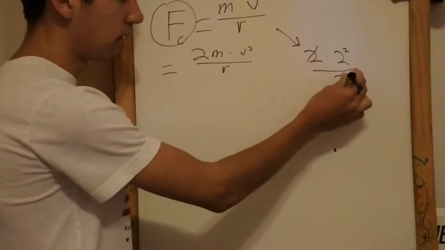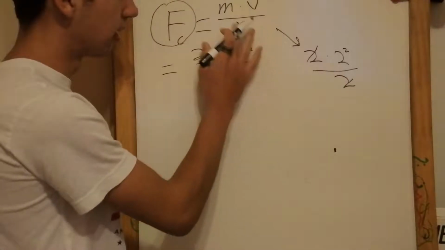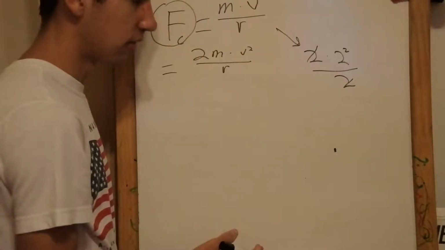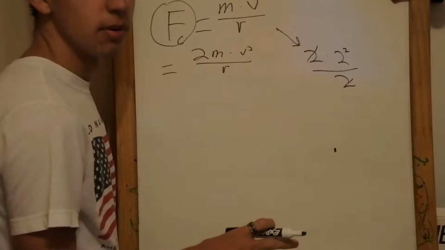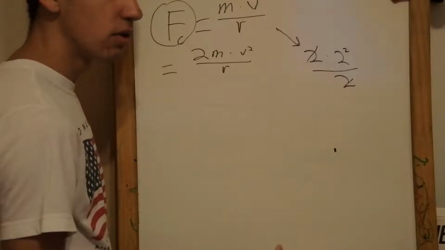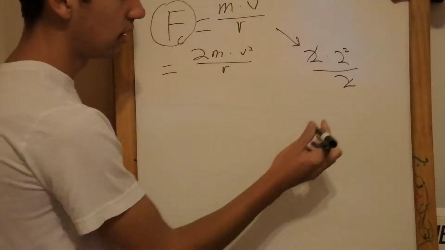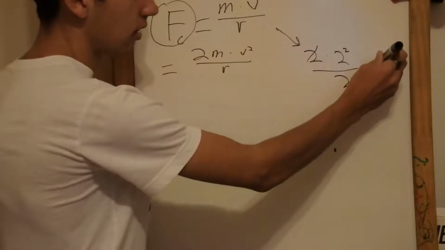If you notice, these two cancel. Now this isn't always the situation, we don't always have r, m, and v equal to each other. This is just for theory purposes, to figure out what will happen in the event that they're all equal to each other, and we want to see what changes in Fc. So in this case, our answer is equal to 4.